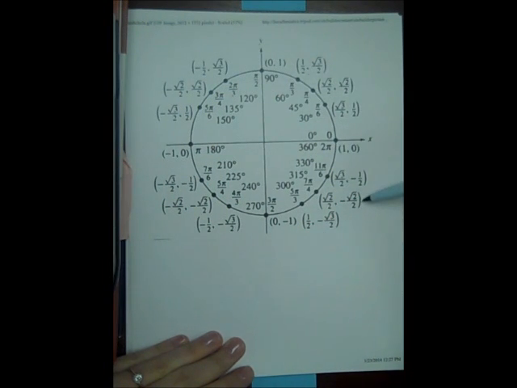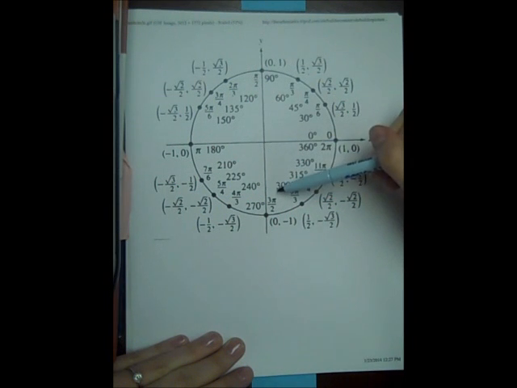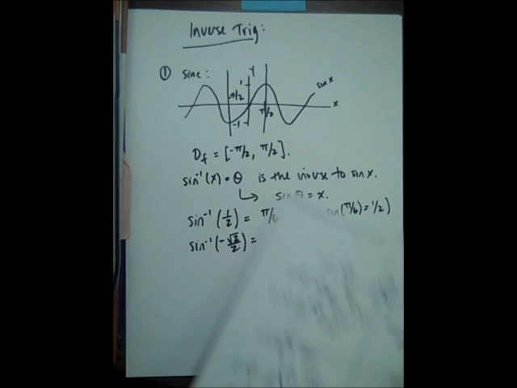Look through here, it would be here. What angle is that? That's 7pi/4, but remember we're only going from -pi/2 to positive pi/2. So this is actually -pi/4. We don't measure it this way when we talk about the inverse. We don't go counterclockwise. We do -pi/2 to pi/2. So this is -pi/4.